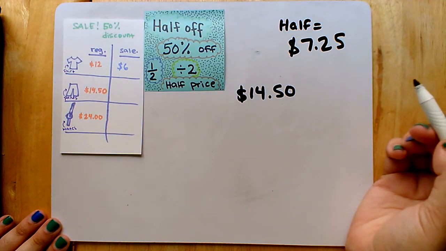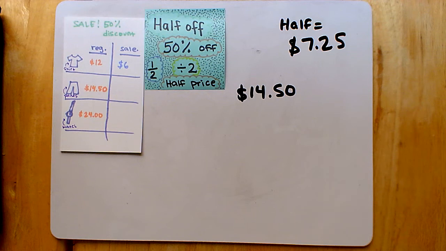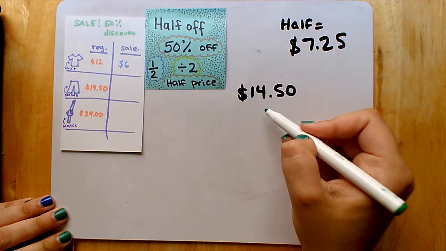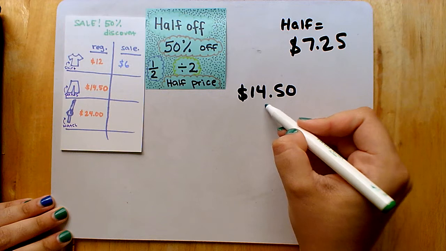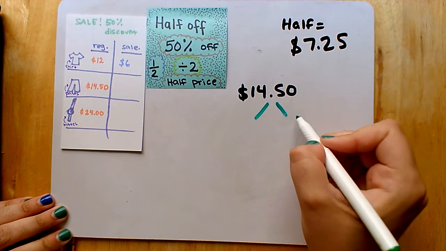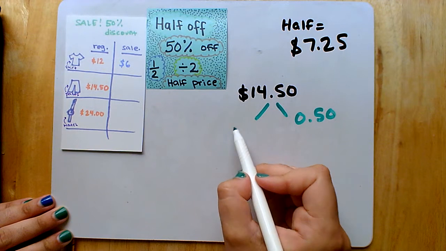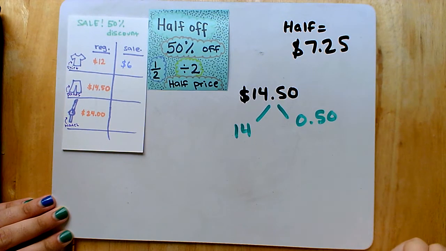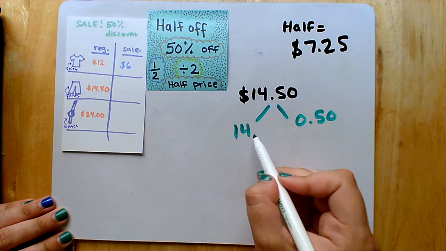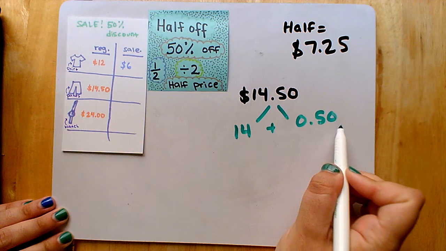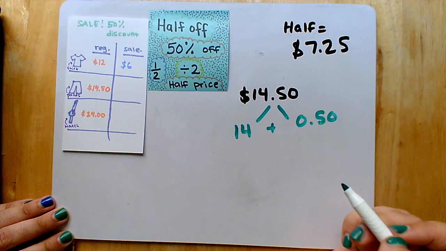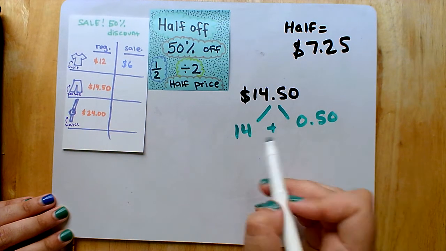If you don't think of it that way, or you want to see it drawn out, well, here we go. $14.50. Definitely I'm going to partition first just the cents on one side and just the dollars on the other. So $14.50 is the same as $14 plus 50 cents, which I wrote as a decimal. Let's say I'm not ready to find half of 14 off the top of my head.